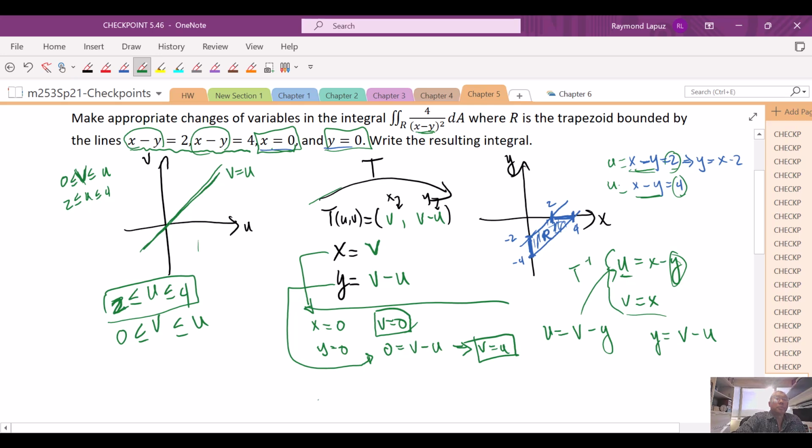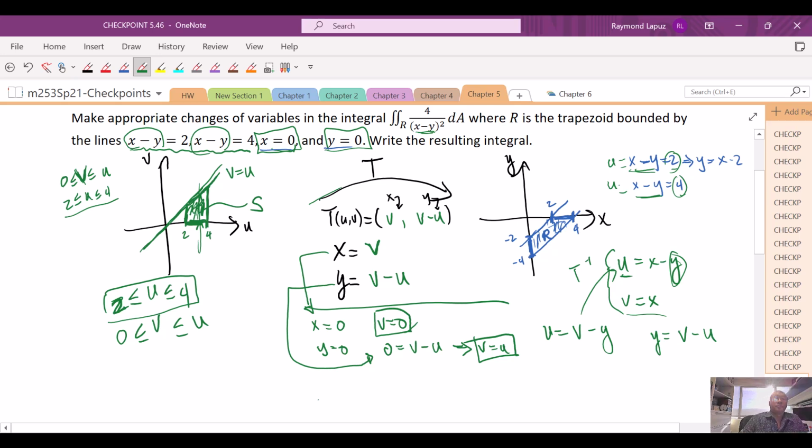So I would draw a line parallel to the v-axis, and I would enter through 0, and I would exit through this v is equal to u. And then now u goes from 2 to 4, so if this is 2 and this is 4, I have my actual region drawn out. So let's call this S for this region, and there we have it.